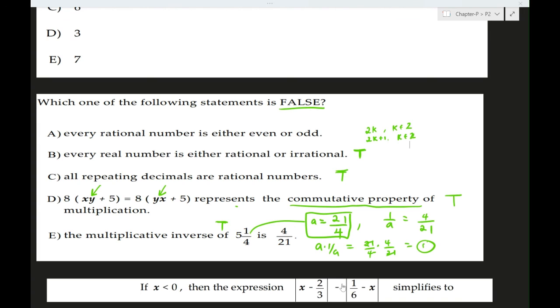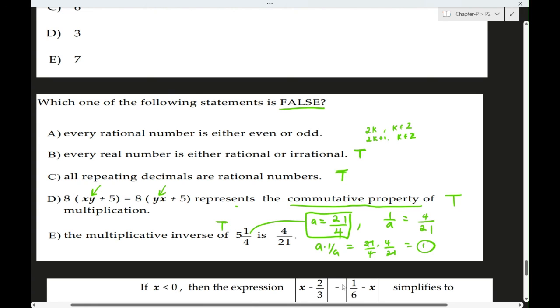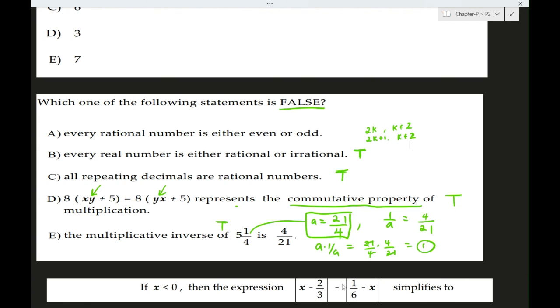So let's go back to option A to see why it is false. Remember, I earlier said that for even numbers, you have to be able to express the number as 2 multiplied by k, where k is an integer. And for odd, you have to be able to write it as 2k plus 1, where k is an integer.